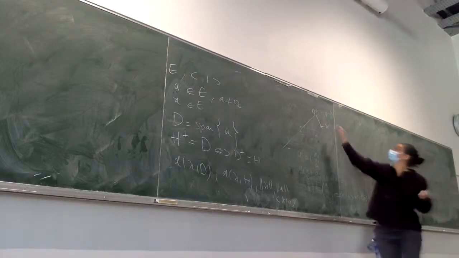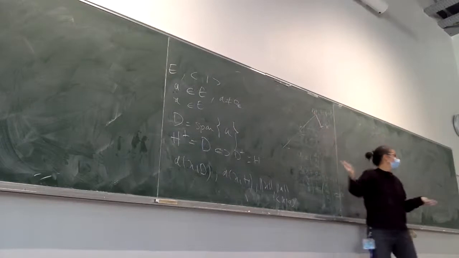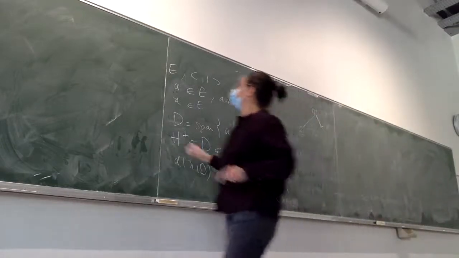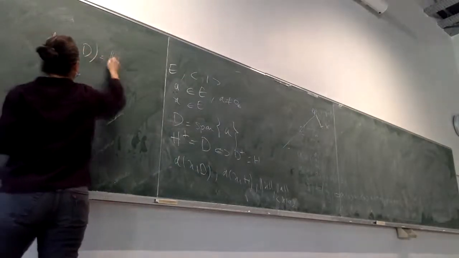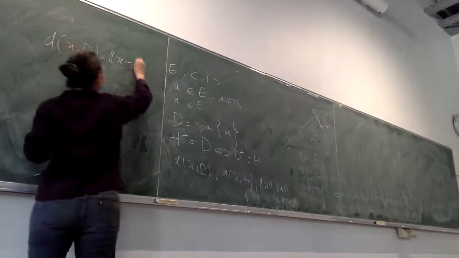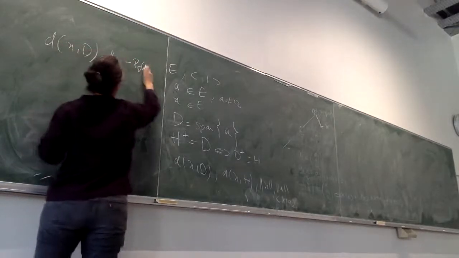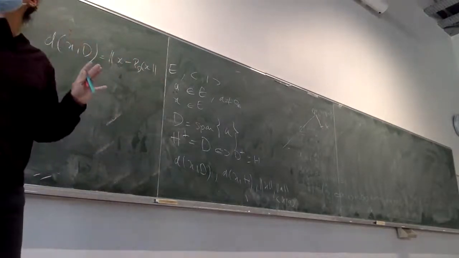And if we want this distance, it's going to be x minus that orthogonal projection. Okay, that's the definition.